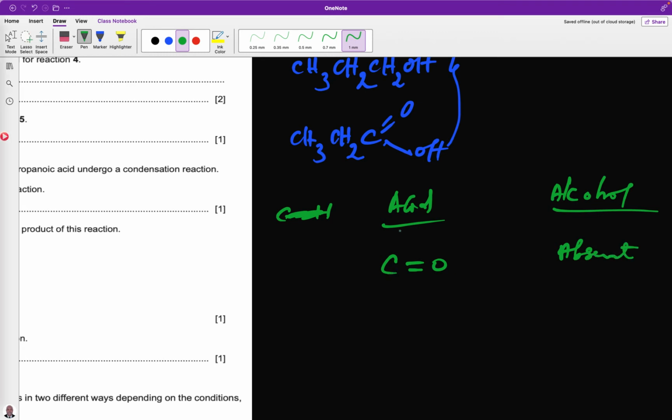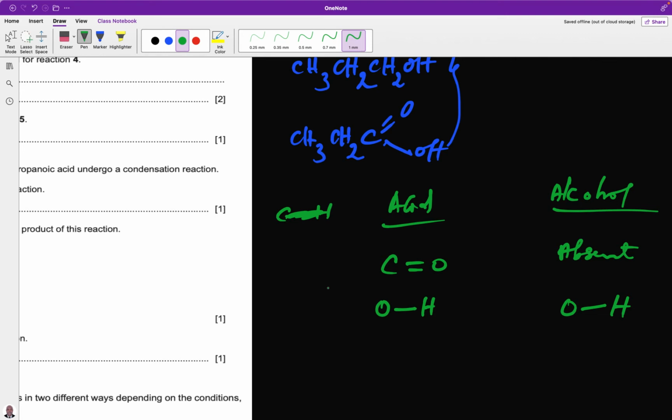The carbonyl functional group is present in carboxylic acid, in propanoic acid, but it is not there in propan-1-ol. In the acid, we have the OH bond. In the alcohol, in propan-1-ol, there is also the OH bond. But the absorption range of the OH bond in acid is different from that of the alcohol.